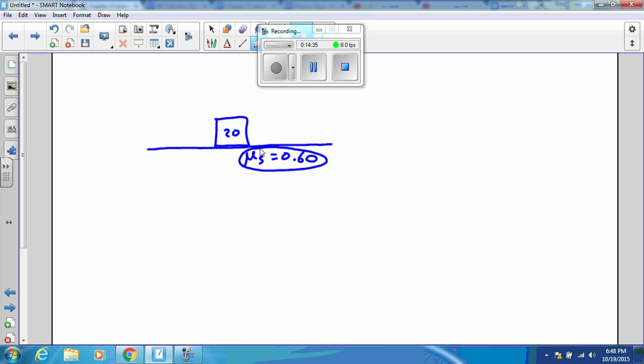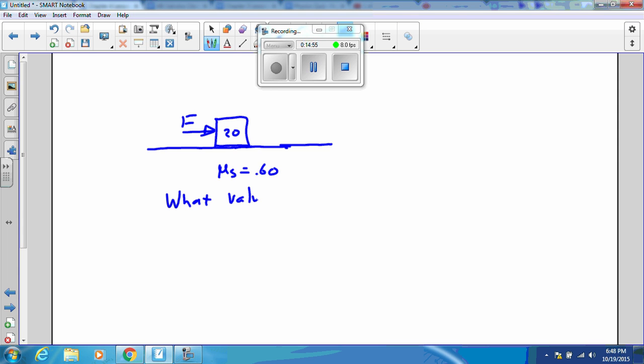So we have the object on the tabletop, and I'm just going to rewrite my mu s equals 0.6. And there's going to be an applied force. We'll call that F. And the question is now, what value of F will cause the block to move.